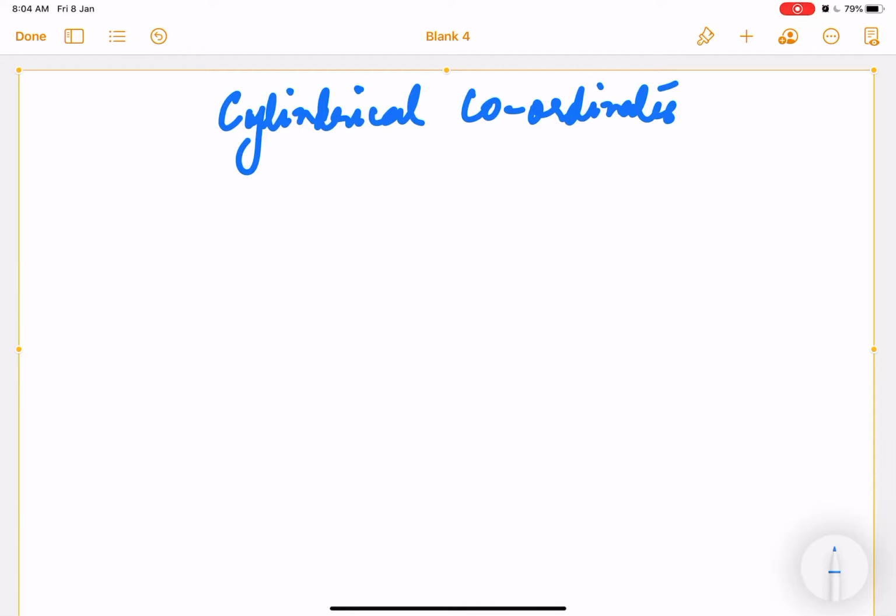Okay, so you can imagine a cylinder for this. I'll draw the same XYZ so that it's more clear.